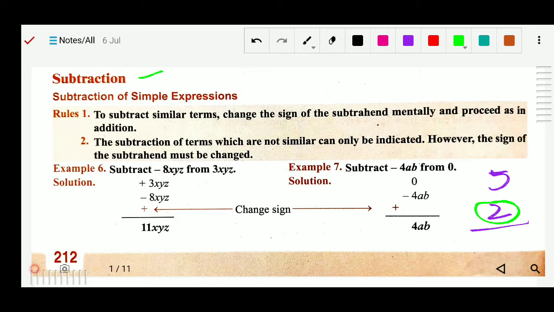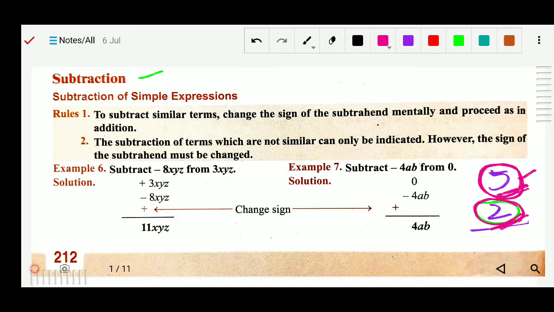It is 5. So this 5 is your minuend, and this 2 is your subtrahend, the number we have to subtract. The larger number is your minuend, the smaller number is your subtrahend.